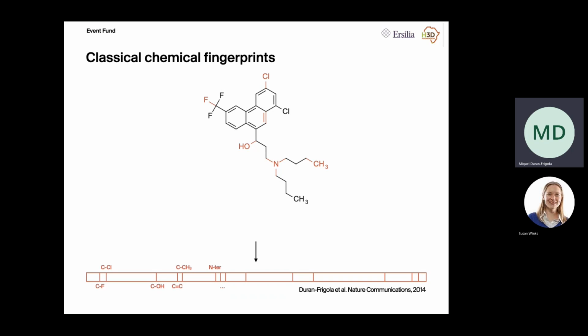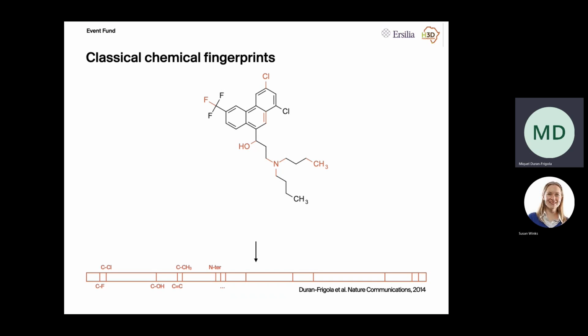Can you assign the features to the pharmacophore? Yes. Pharmacophores, as you may know, are abstract representations of physical, chemical, and geometric features that you want for a particular activity. Yes, there are pharmacophore-based fingerprints as well.